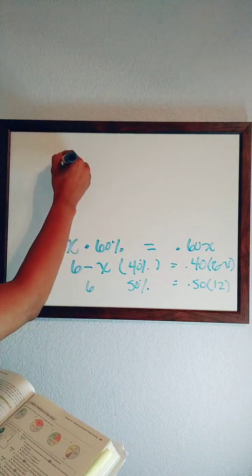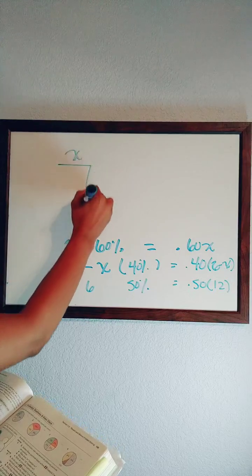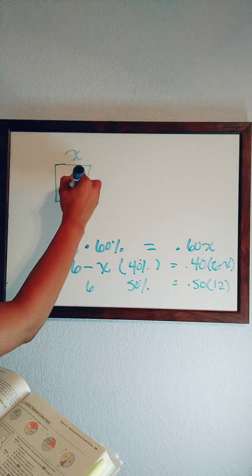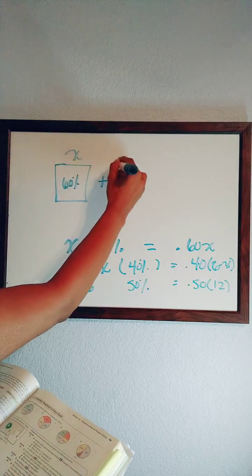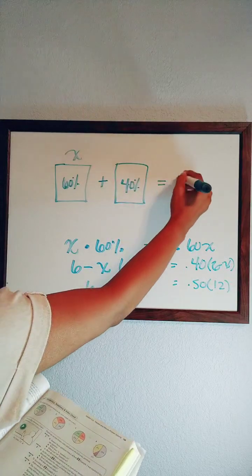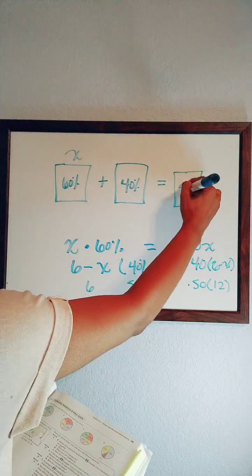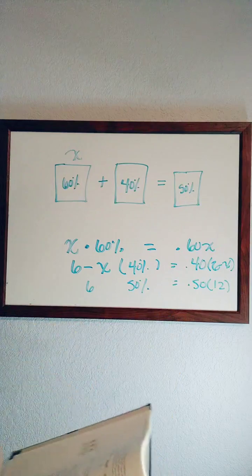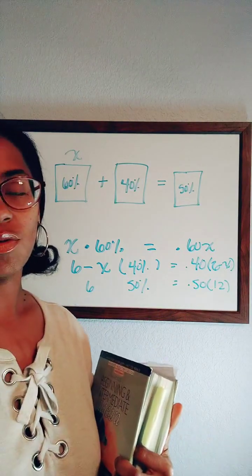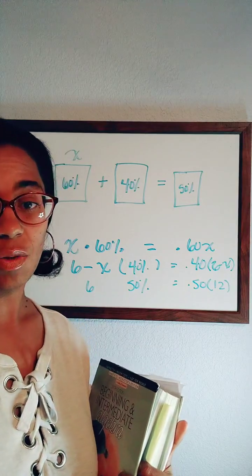So let's say you have X liters of this, right? And this is your 60% solution plus your 40% solution is going to equal your 50% solution. So that's pretty much what it says. So you're trying to make 6 gallons, right?